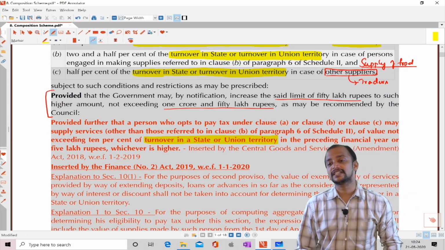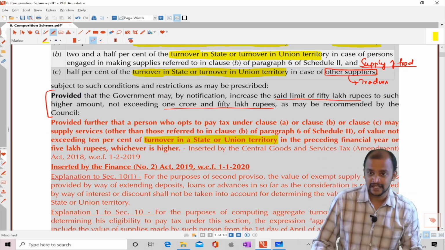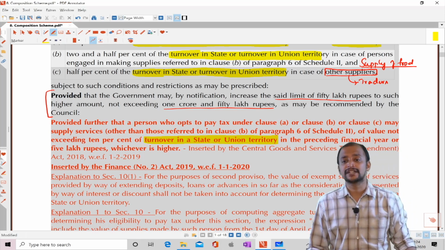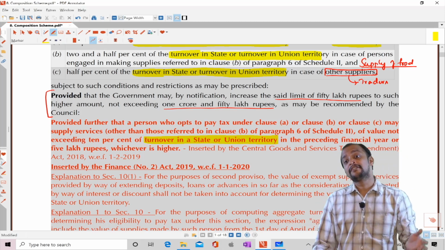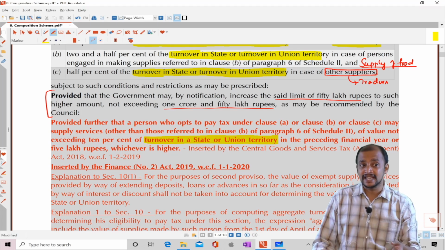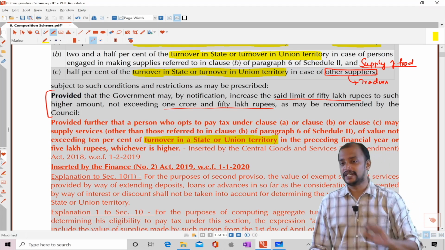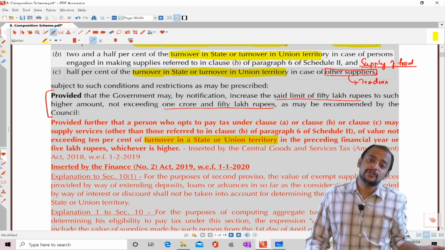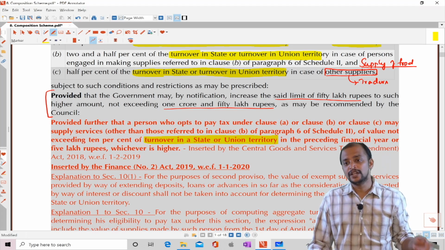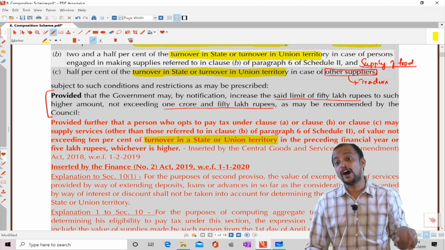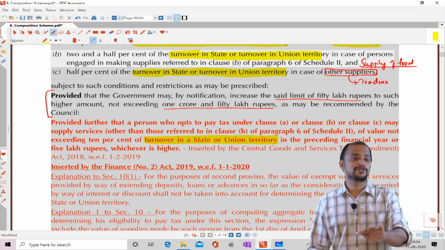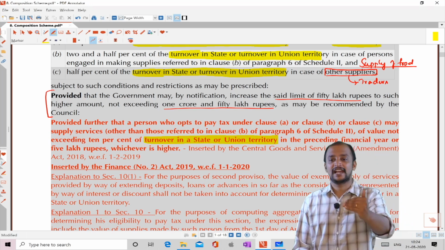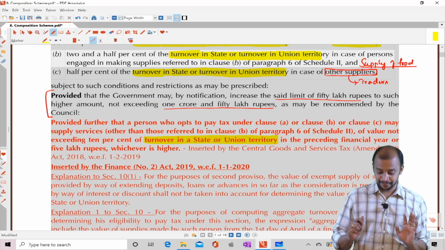For example, previous year my turnover is 120 lakhs. 10% will be 12 lakhs or 5 lakhs, whichever is higher I should be taking. What if I don't have any turnover during the previous year? 0. Then 0 into 10%, 0 or 5 lakhs, whichever is higher. At that time also I can render services up to 5 lakhs. That is the logic behind this.